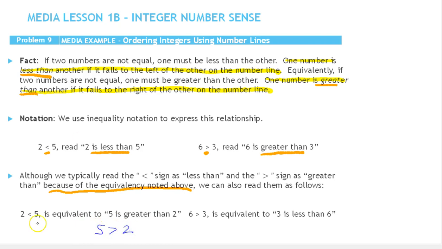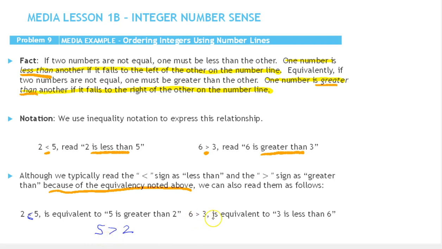Sometimes we just say 5 is greater than 2 reading this. And one way to think about it is the open part of the inequality sign is always pointing towards the larger number. Since 5 is bigger than 2 here, it's pointing this way. And if I write 5 on the left and 2 on the right, it's pointing this way.